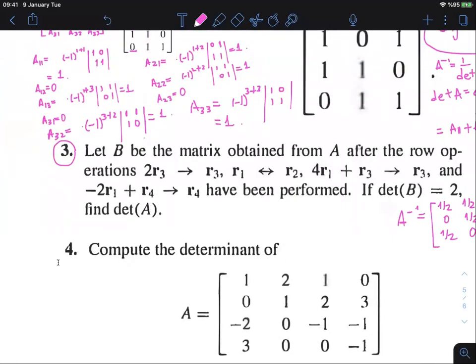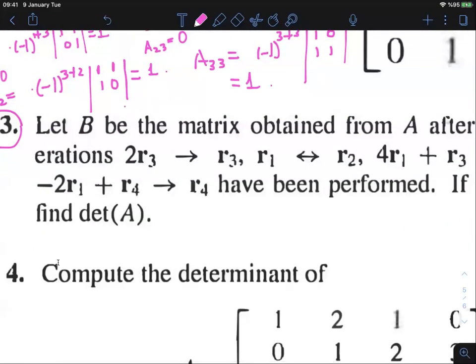I'm multiplying the third row of A by 2. If I do this operation on A, I get a new matrix. This matrix is the matrix A, but its third row is multiplied by 2.